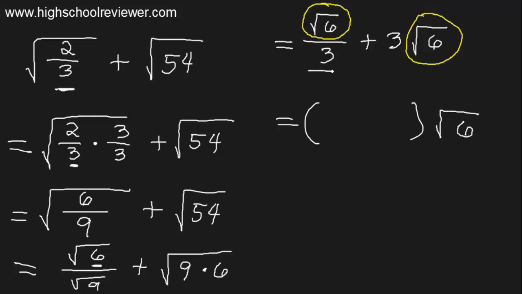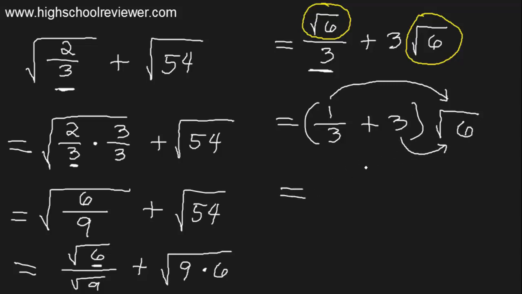So what will be left on the first term will be 1 all over 3. Okay, when you multiply that with 1 over 3 times 1 times the square root of 6, this will be equal to the square root of 6 plus 3. And the second term, what will be left here will only be 3. So when you multiply that, that will be 3 times square root of 6.